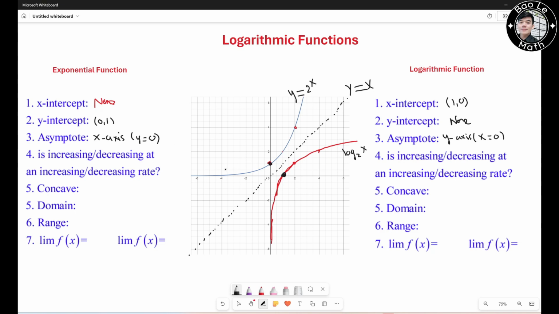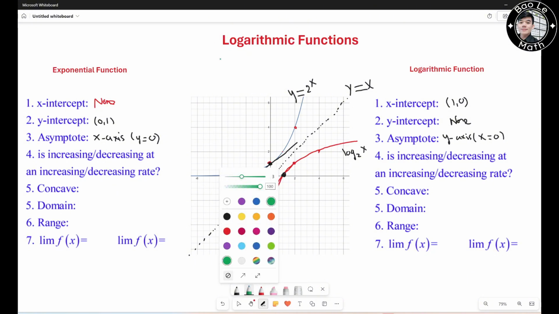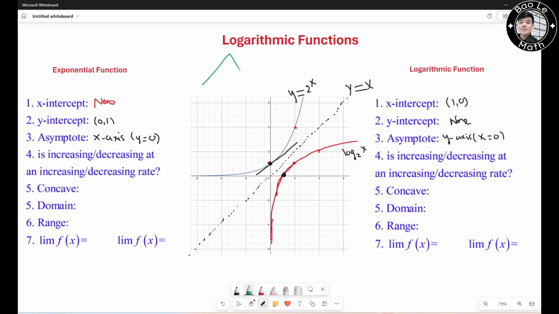For the behavior of the function, you just sketch the tangent line and use the Christmas tree trick. So I have the Christmas tree right here. If the lines go in this way, the slope is positive, and if the slope is positive, the function is increasing.